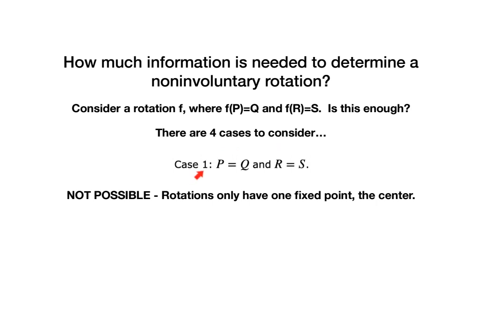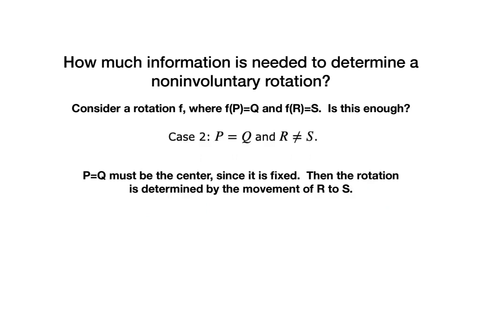Our first case is when P is equal to Q and R is equal to S. Well, that means that P rotates to Q and R rotates to S. But this isn't possible because rotations have only one fixed point, and that fixed point is the center. So case 1 can't possibly happen.